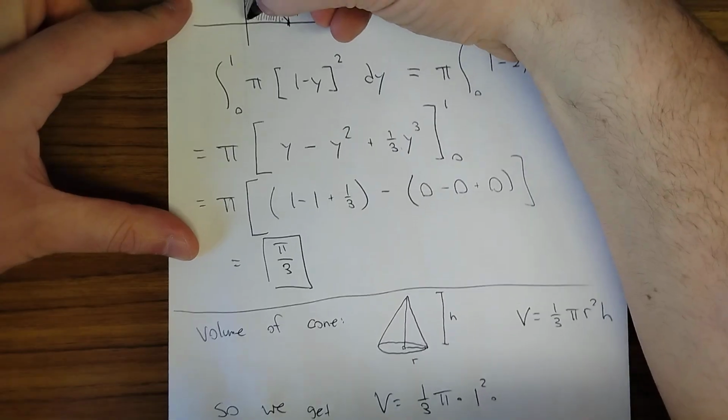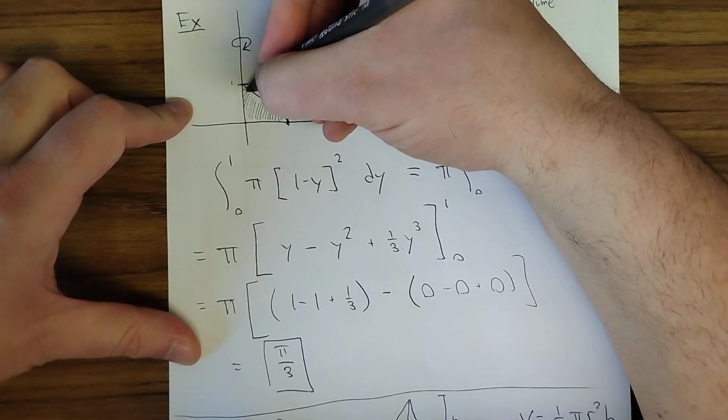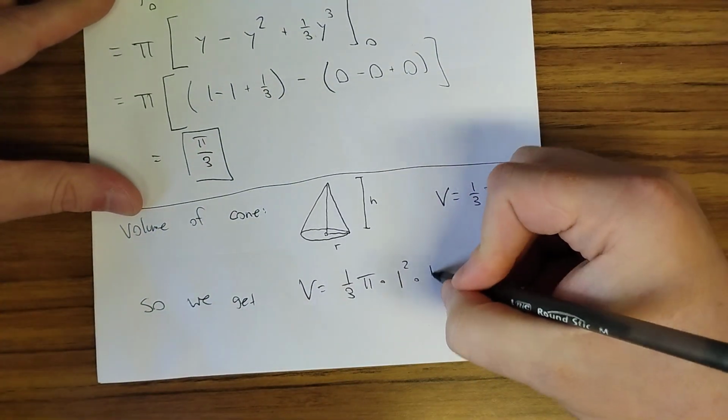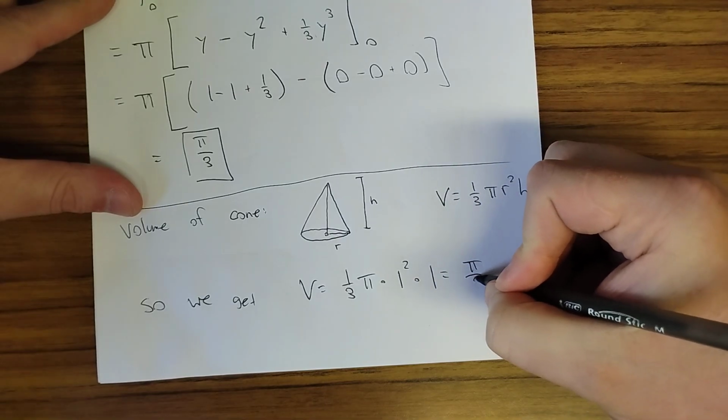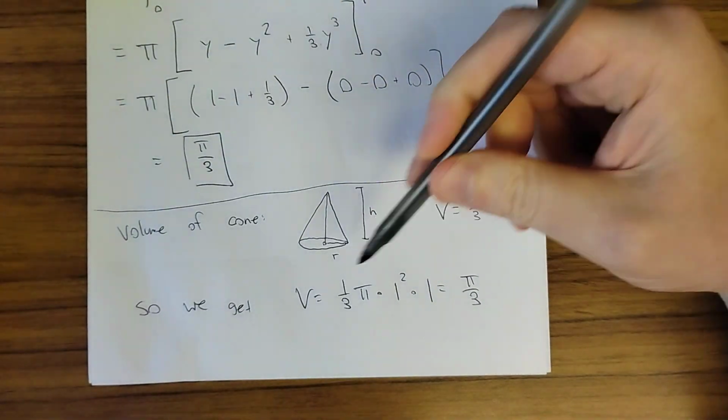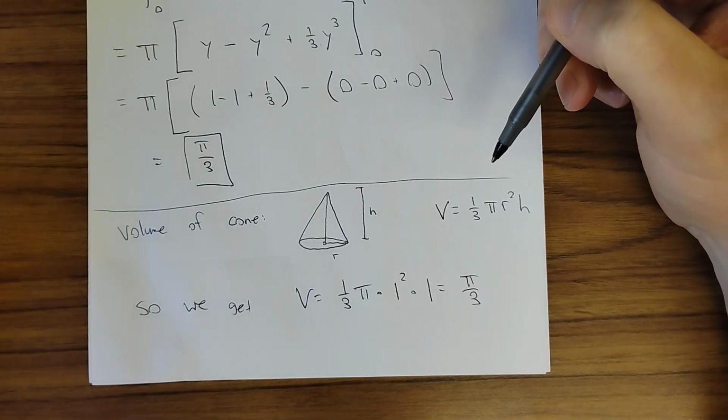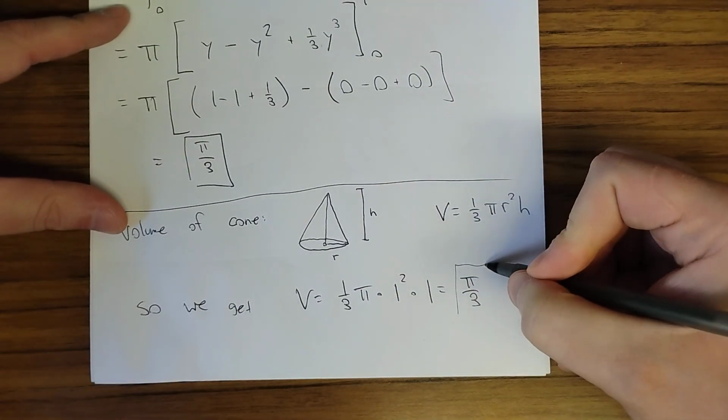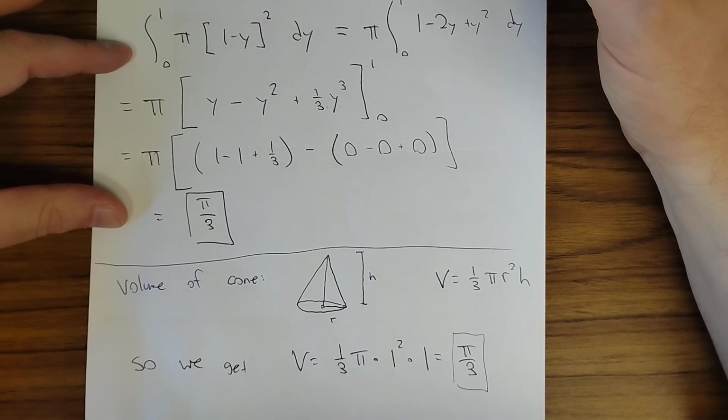And the height would be this distance, so that's also 1. So this formula is also telling us we should get pi over 3. So math really works. It didn't give us the wrong answer.